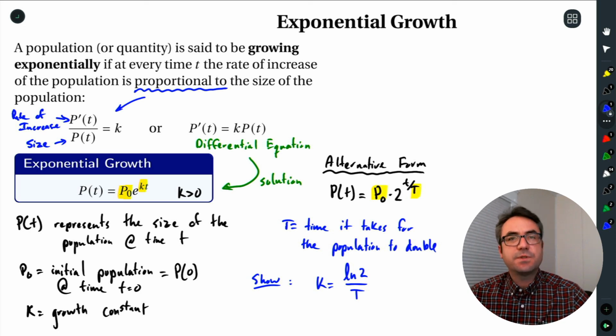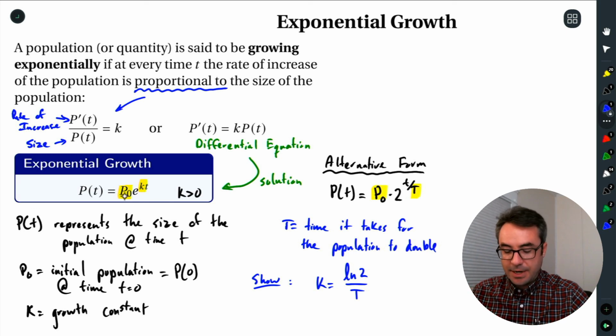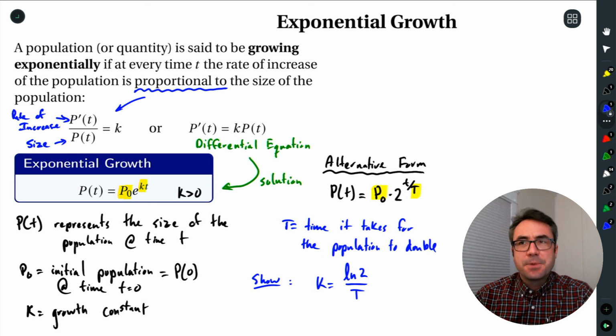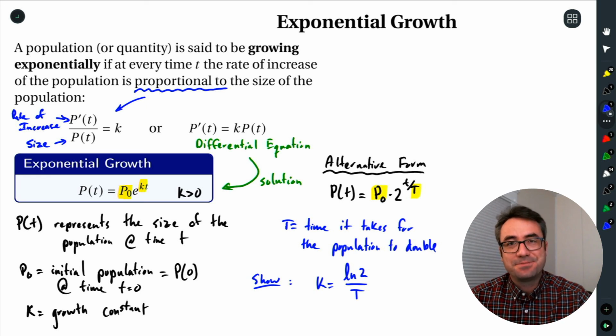So we have some options here on how we want to model exponential growth. We can either use our natural exponential function, which sometimes is nice because e is always pleasant to work with in calculus, but conceptually maybe this format's a little bit easier to visualize what's going on. All right, so we're going to look at a few examples where we apply these formulas. So we'll see you there.